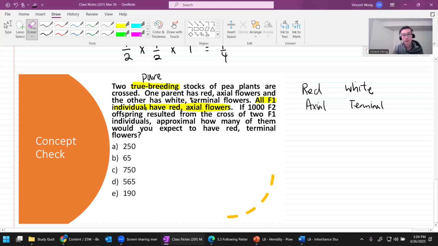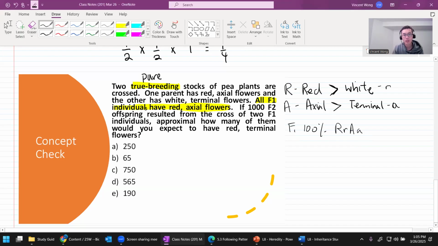And since all of them are red, red is dominant over white, and axial is dominant over terminal. So you can use capital R for red, lowercase r for white, capital A for axial, and lowercase a for terminal. So all the F1s are 100% big R, small r, big A, small a.